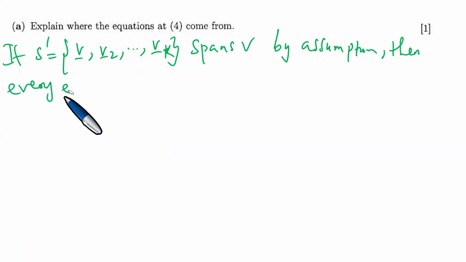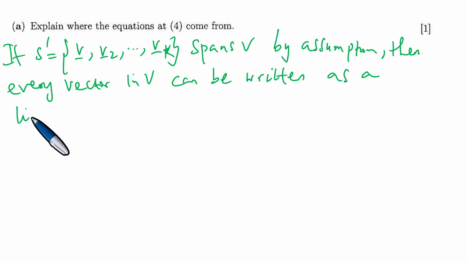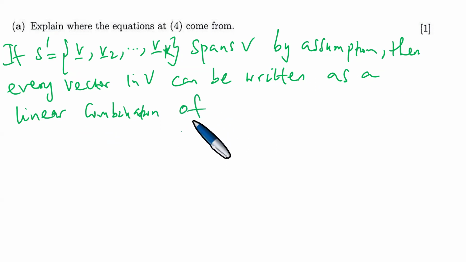Okay, let's write this one. Then every vector in V, we don't need to write many things here, just the keywords, can be written as a linear combination of what?